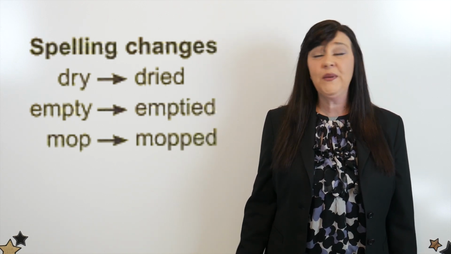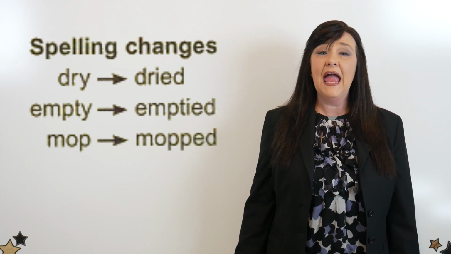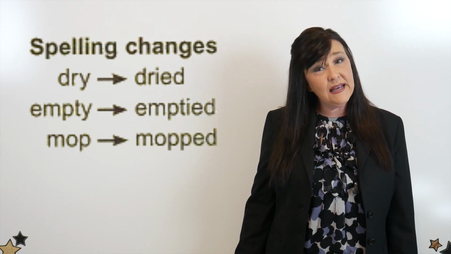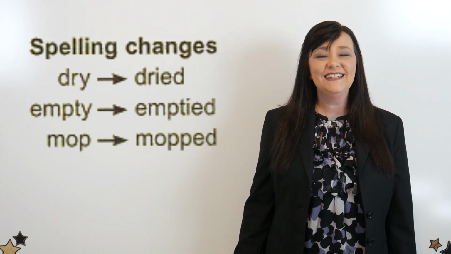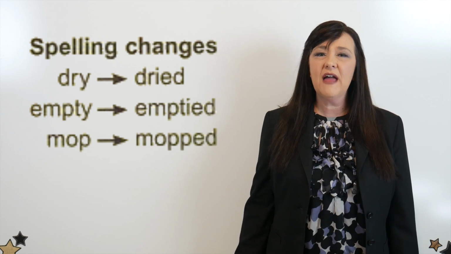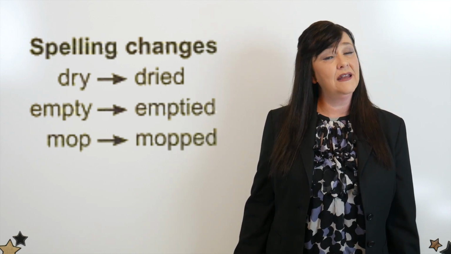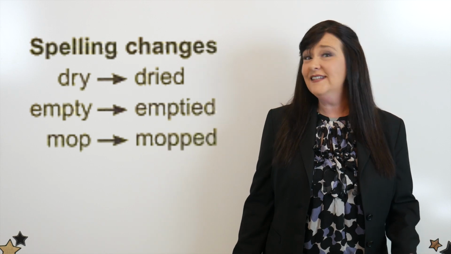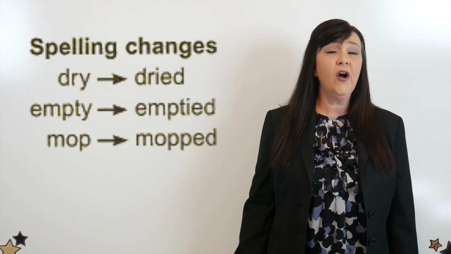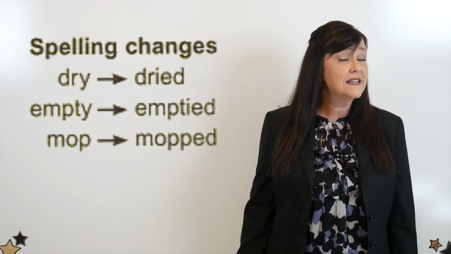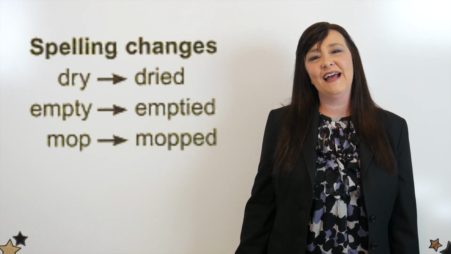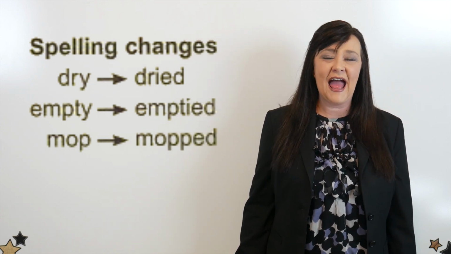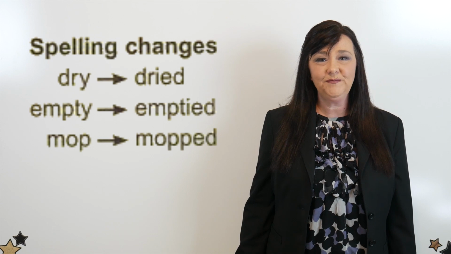So M-O-P becomes M-O-P-P-ed. You'll do that for all verbs that end in Y, IED, and all consonant vowel consonants, you'll double the last consonant and then add an ed.